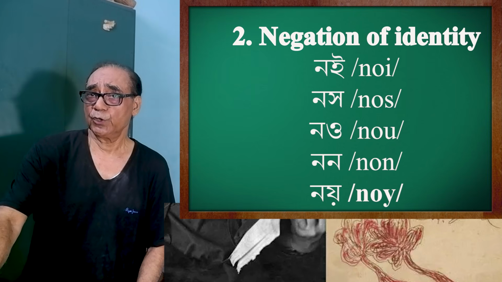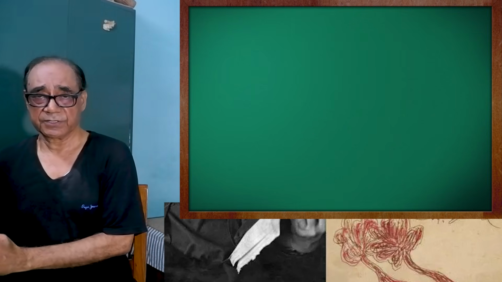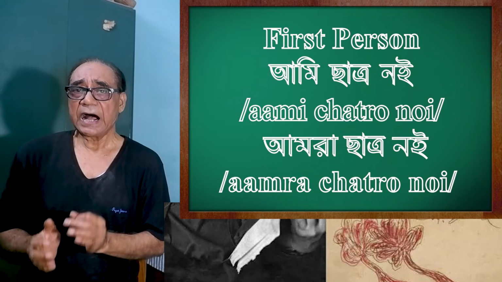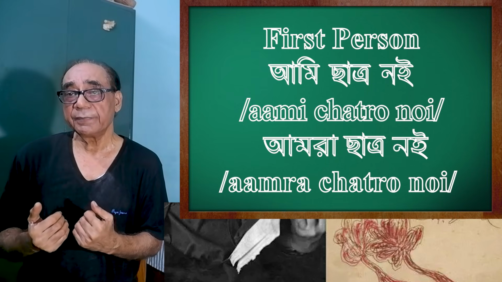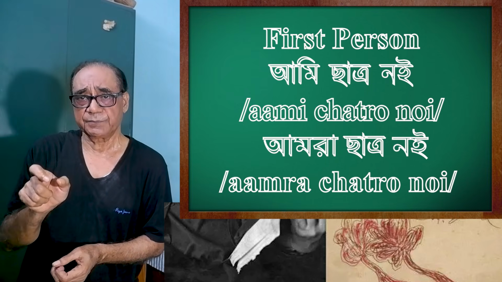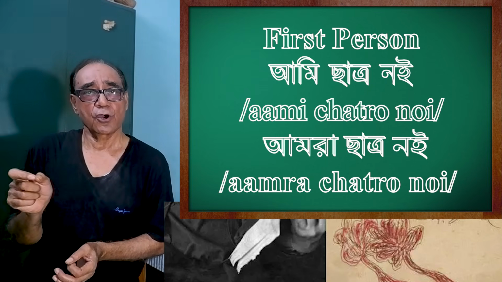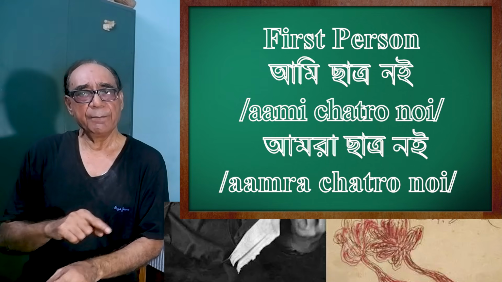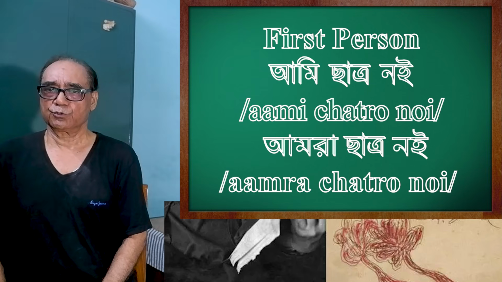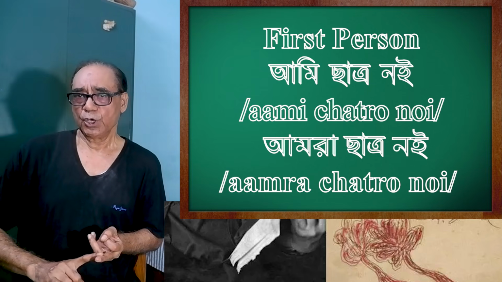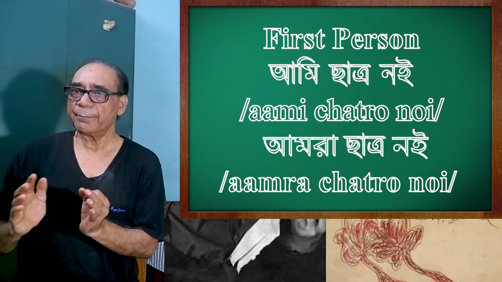Person specific, we know there are three persons: first person, second person, and third person. First person in English, I and we. In Bengali it is ami and amra. Normally the negative tag that is used for the first person is noi. Ami noi, amra noi. Ami chhatro noi, I am not a student. Amra chhatro noi, we are not students. So ami noi, amra noi.